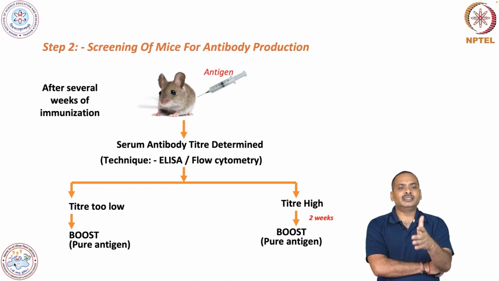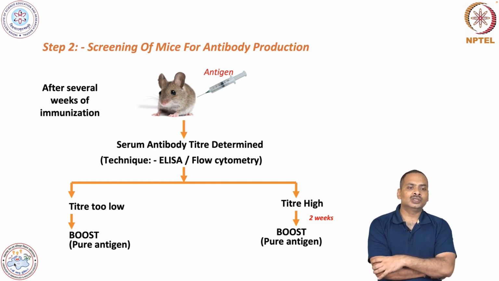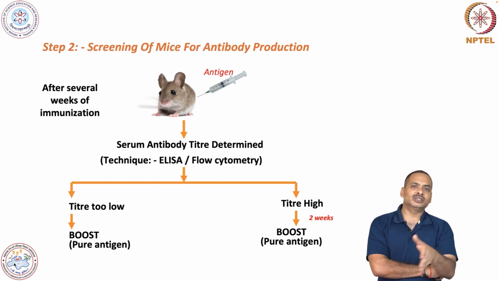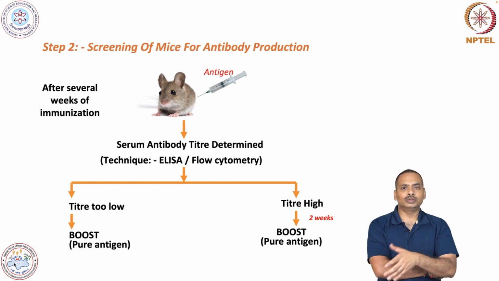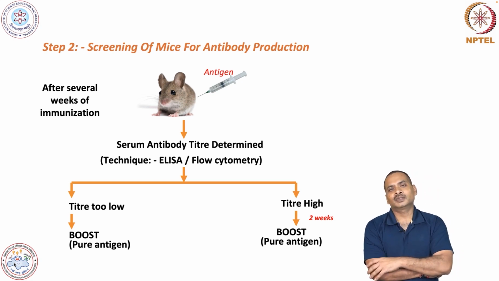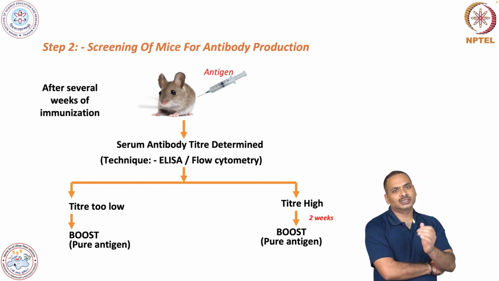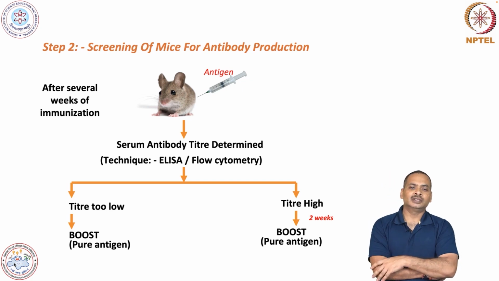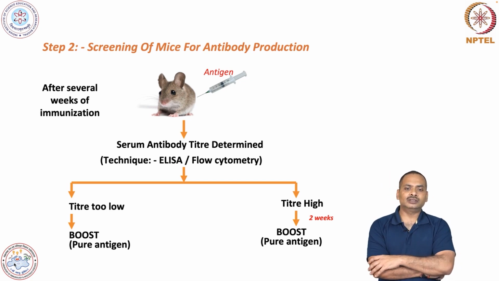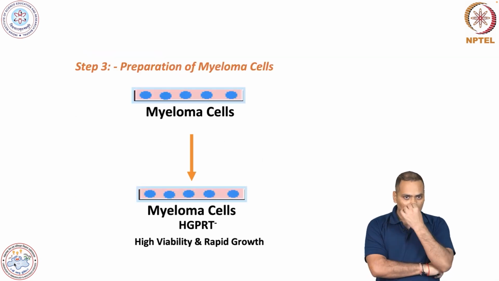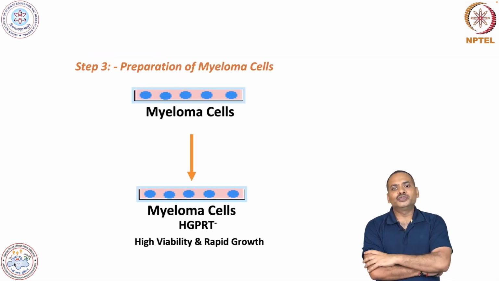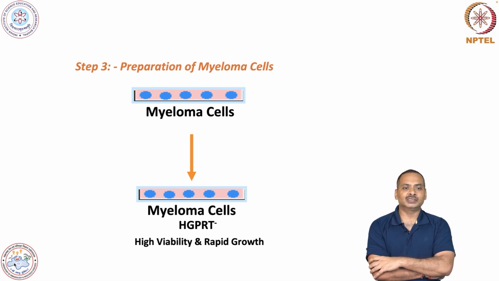Okay. Here if the titer is very low, then you need to give the booster dose. You need to boost again with incomplete adjuvant and antigen. And if the titer is good, then you can sacrifice and take out the spleen. Okay. So after that, what we do, we fuse with myeloma cell.